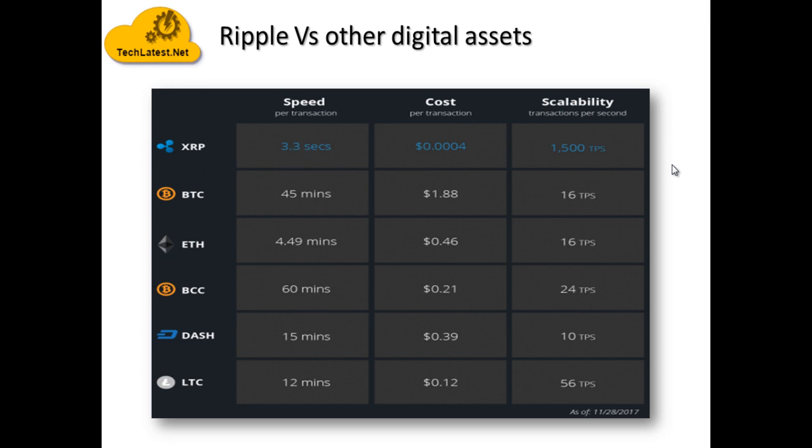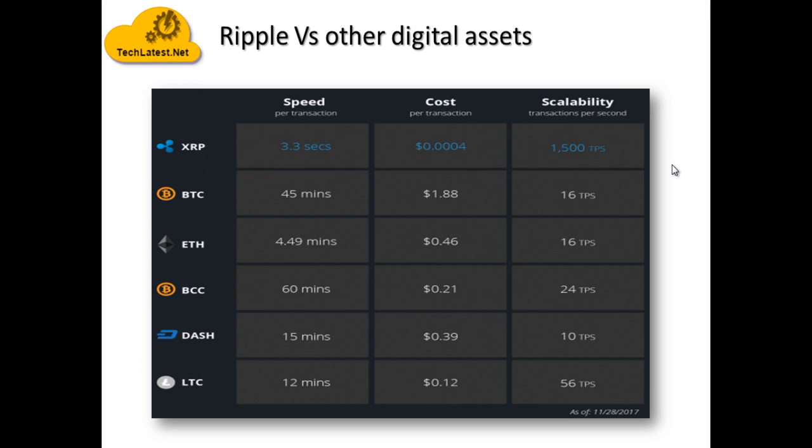So these algorithms are both time consuming as well as computing, it uses more computing power, whereas XRP uses the consensus algorithm.